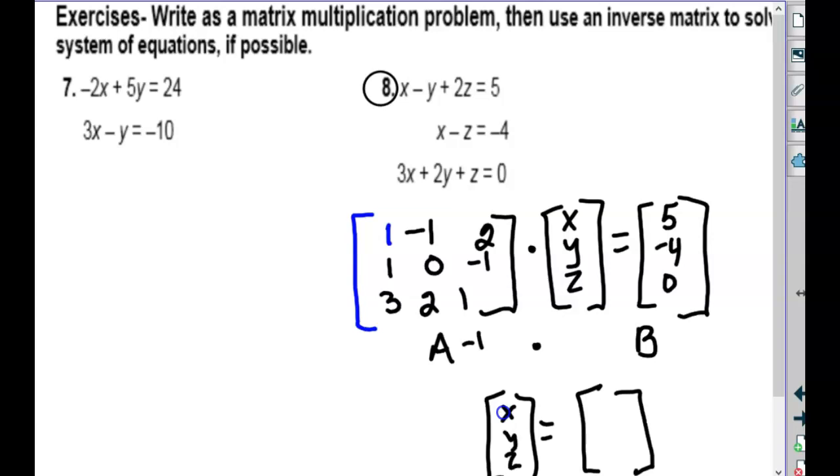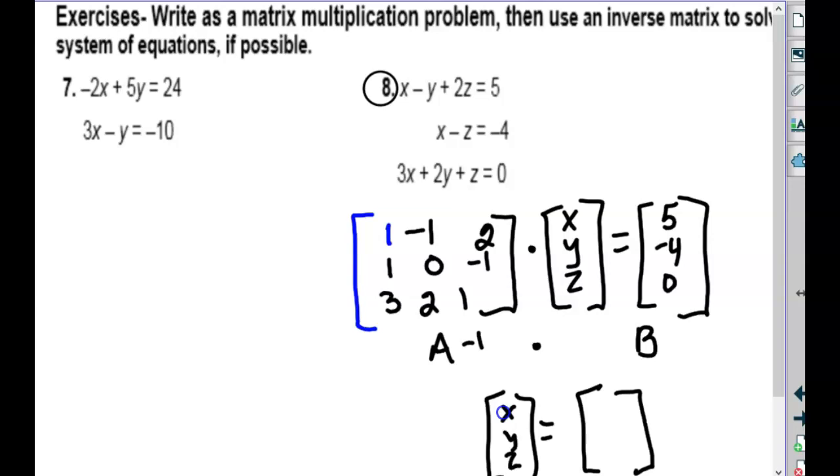Okay, I'm actually going to do that on this calculator because I think I can do it faster. So the first one is a 3 by 3, right? And then the second one is a 3 by 1, 5, -40.